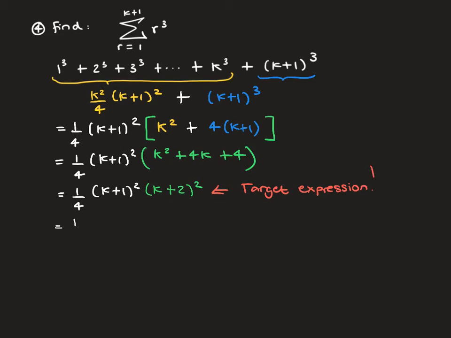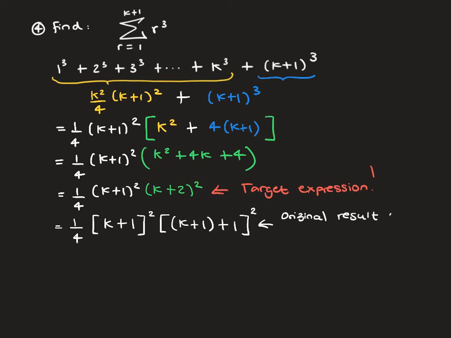And you can just rewrite this to show that this is k plus 1 all squared, and then here k plus 1 all squared. So effectively it's the original result that we're trying to prove, but with n replaced by k plus 1.